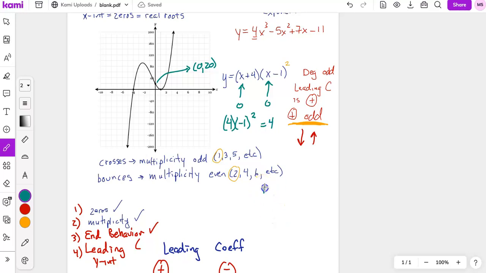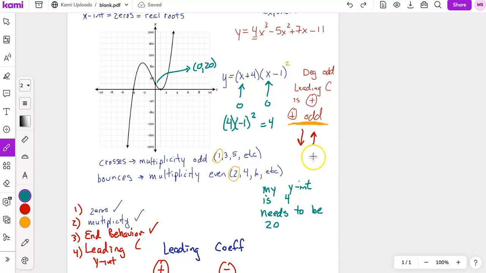Okay, so my y-intercept in my function is 4. It needs to be 20. So what that means is my graph is 5 times too small. So what I need to do is multiply my whole function by 5. So what I do is just right in front of here, I throw a 5 as the leading coefficient.